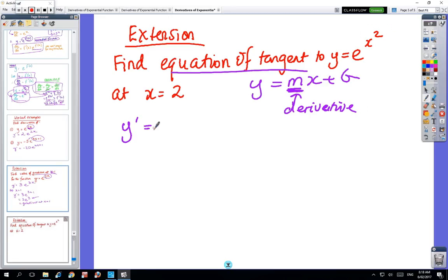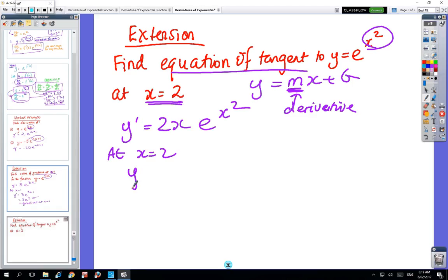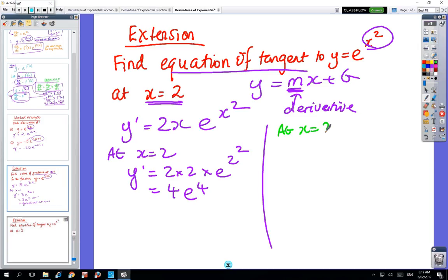Now that derivative will be 2x, and then we just write e to the x squared, and then at x equals 2, y dash equals 2 times 2 times e to the 2 squared, so we end up with e to the 4, so it ends up being 4e to the 4, which is a value. At x equals 2, y equals e to the 2 squared, which is e to the 4.